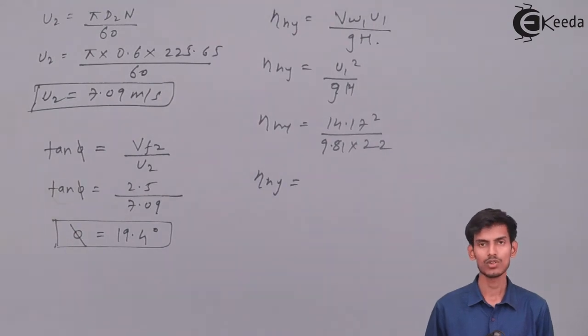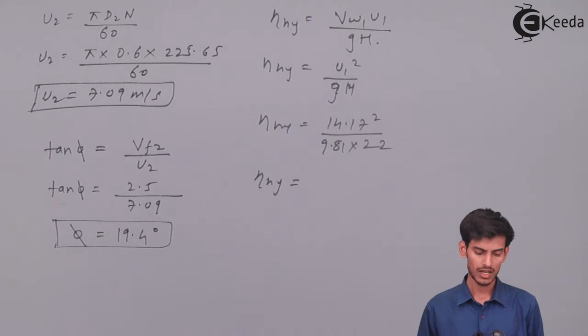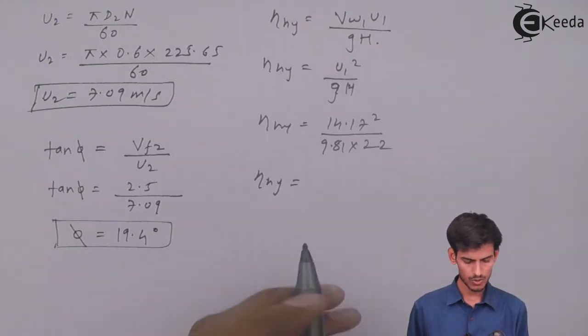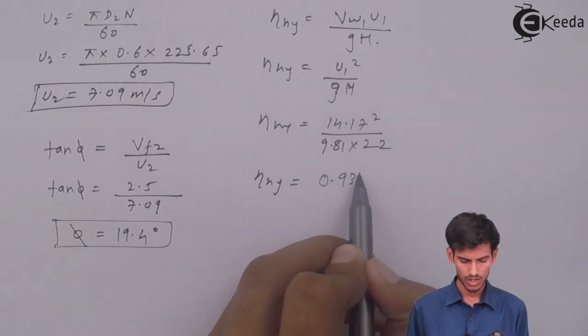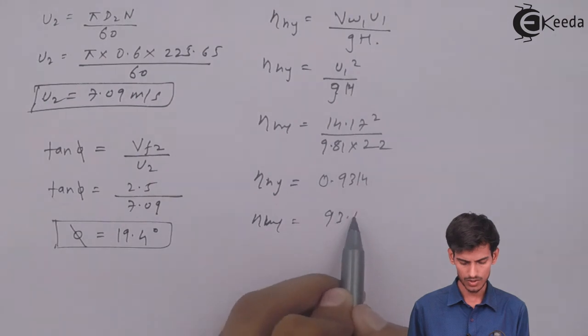The value of U1 is 14.17, so it comes to 14.17 square upon 9.81 into 22. So the hydraulic efficiency comes out to 0.9314. If you want to write in terms of percentage, it becomes 93.14%.